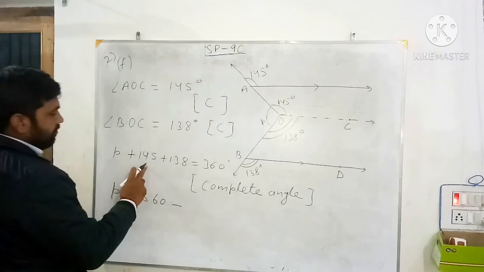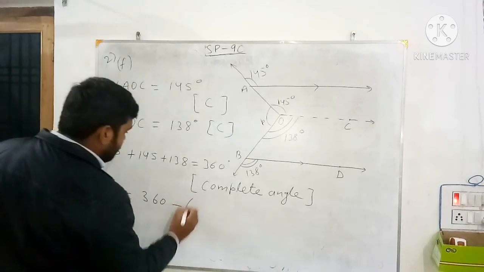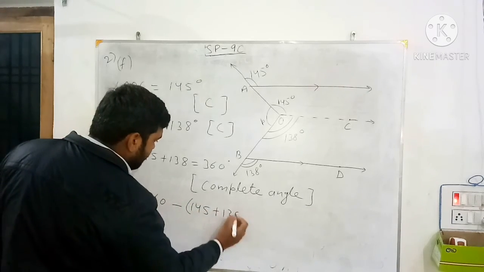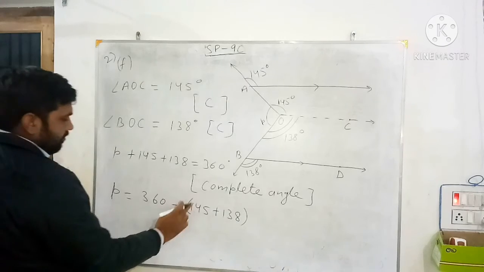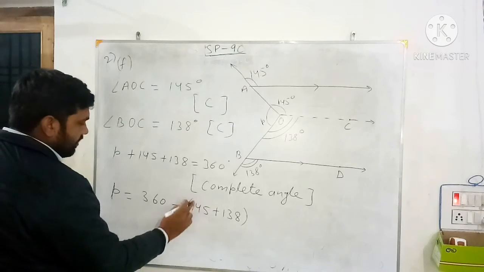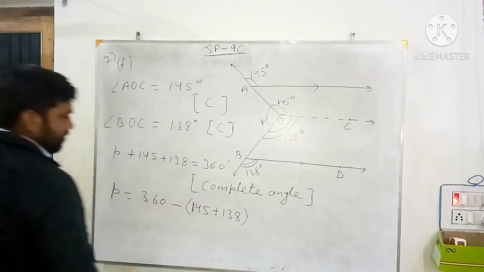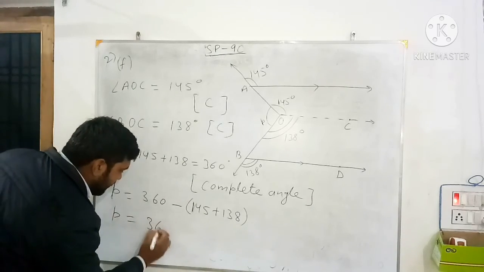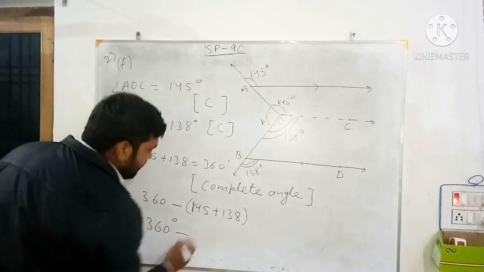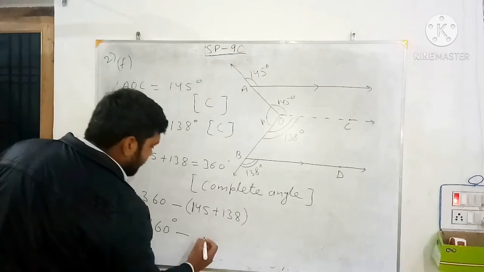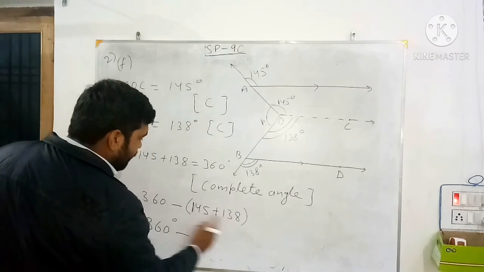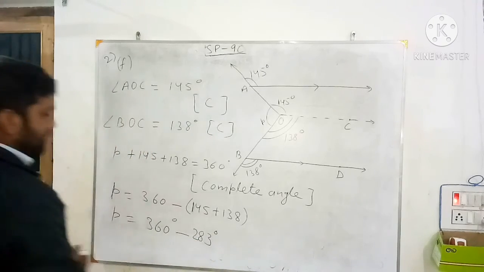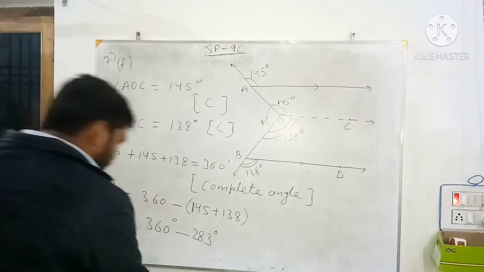So when you add 145 plus 138, 5 and 8 is 13, 3 carry 1, 3, 1, 4, 4, 4, 8, that is 283 degrees.